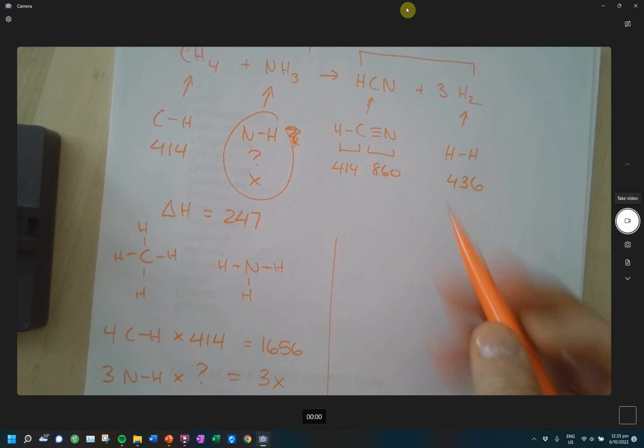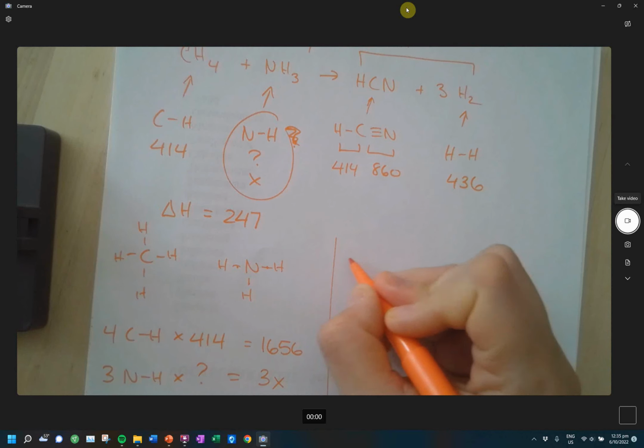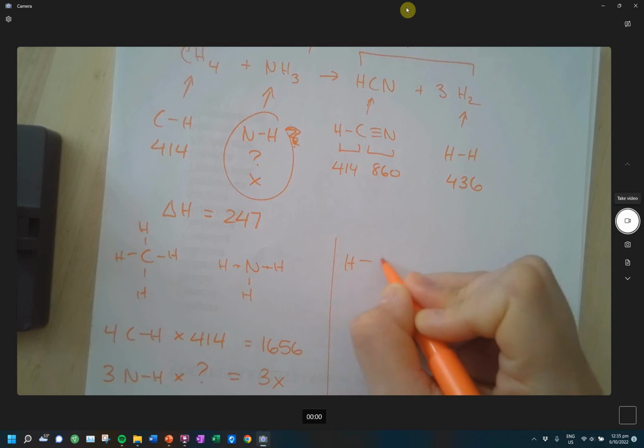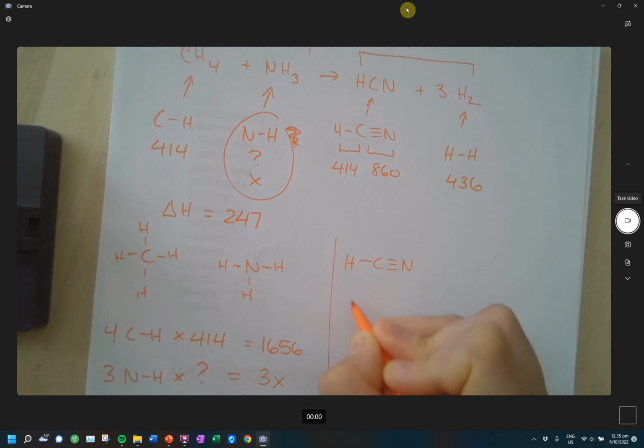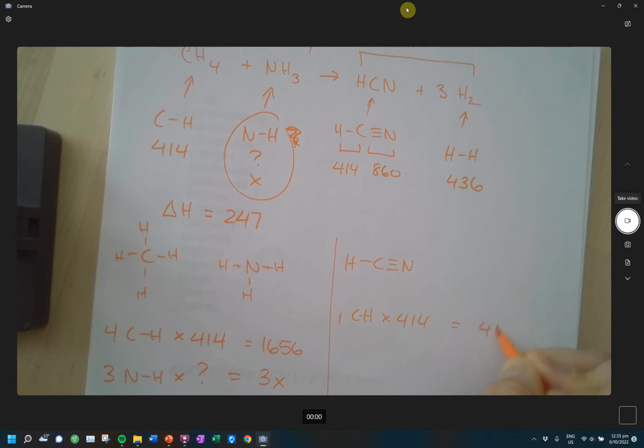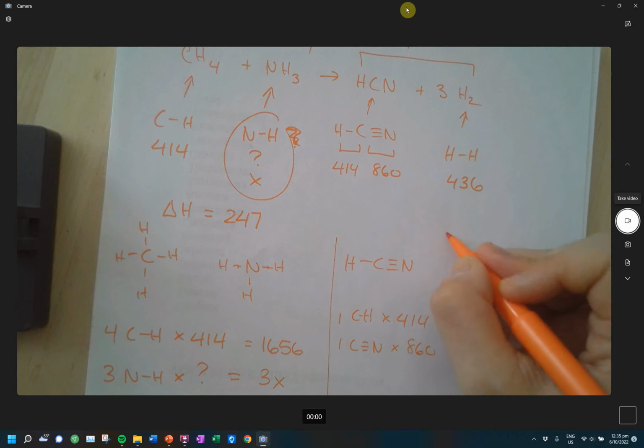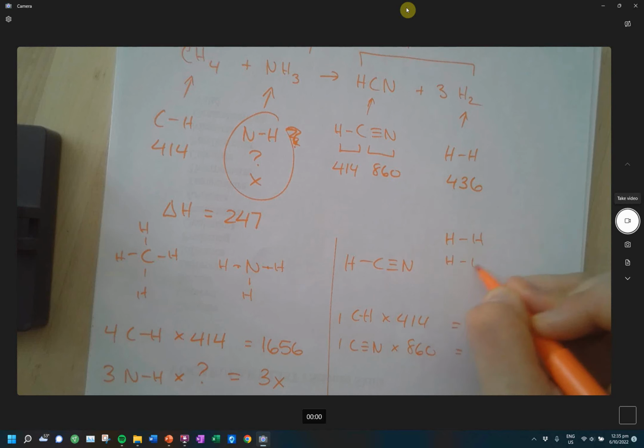This one here, I've already drawn out, but I'll draw it out anyway for consistency. When I look at that, I have 1 CH bond times 414, so that equals 414. I have 1 carbon triple bonded to a nitrogen. That value is 860, so I'm writing that down. And then over here, I have 3 hydrogen molecules.